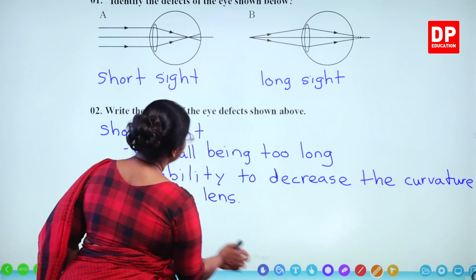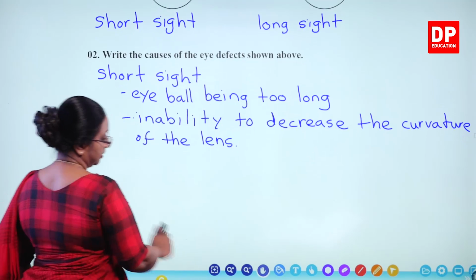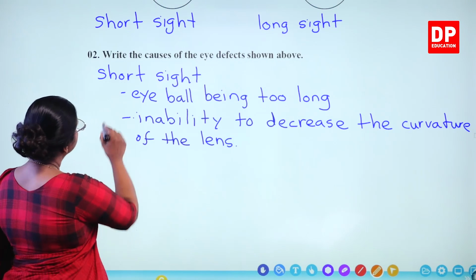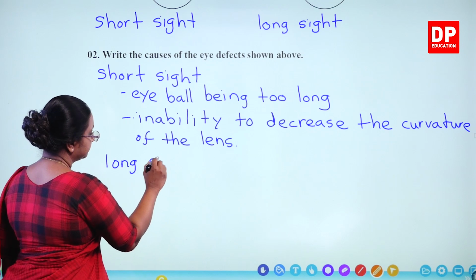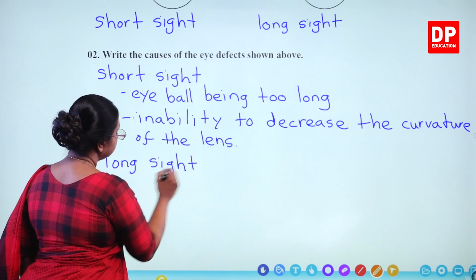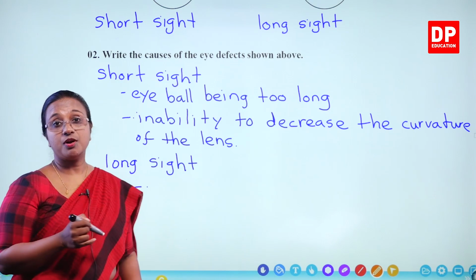Then the next one is long sight. What are the causes of long sight?